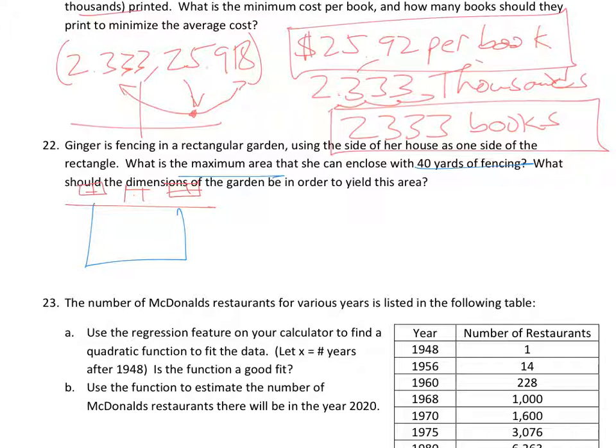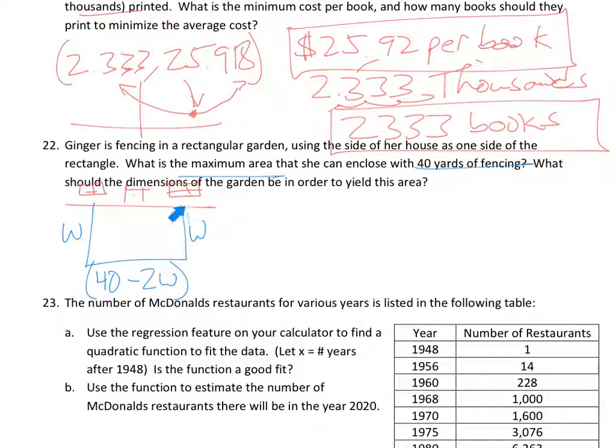Okay, so here's the thing. If this is the width of our rectangular garden, the fencing has to go all around this garden, and it is W wide. I don't know how wide it is, but I know I have 40 yards of fencing, so for the length here, I can take 40 yards and take away 2 W's. That's how much fencing I will have for this length.